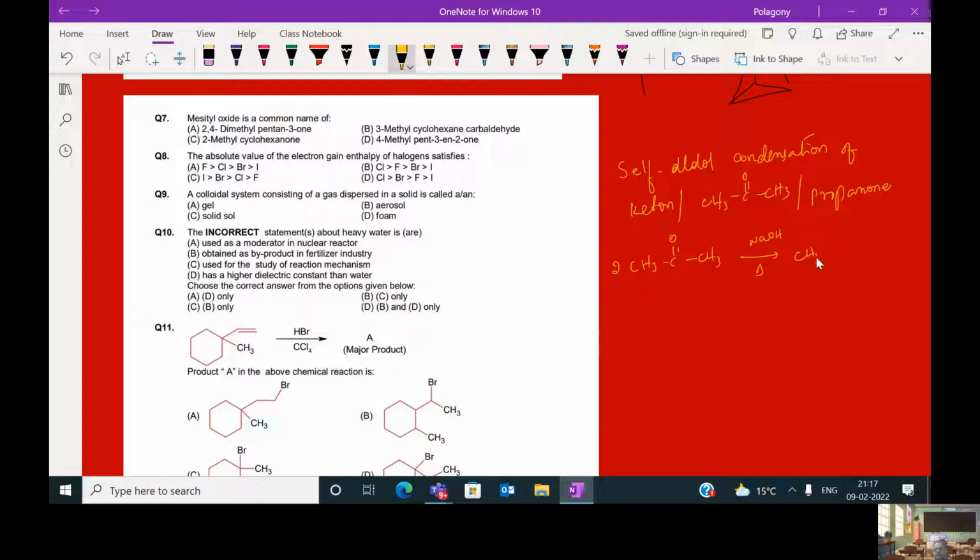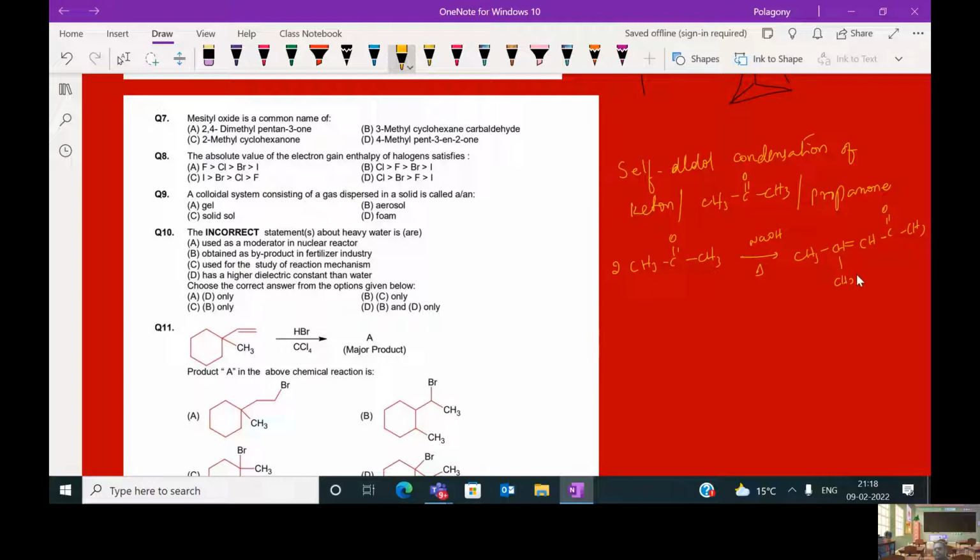The formula of mesityl oxide is CH3-CO-CH=C(CH3)2, with a double bond here.